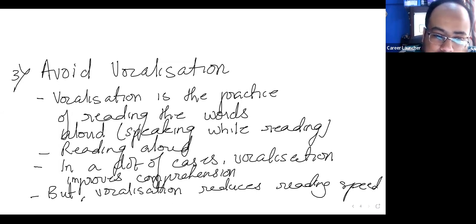So there is a plus point that it improves comprehension, but there's a minus point also that vocalization reduces reading speed. In the exam, in some cases, you'll be required to read very, very fast.